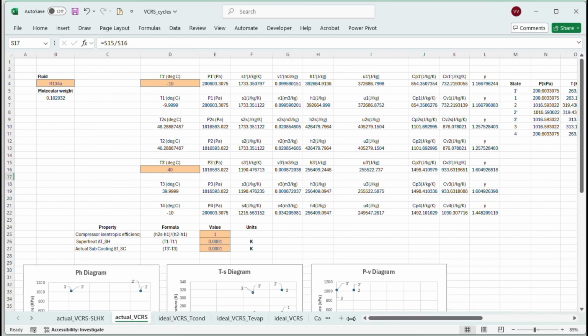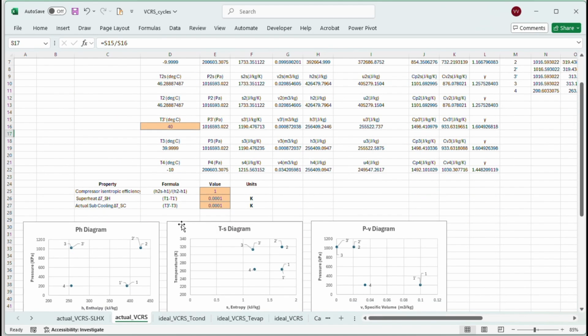So now if you add some superheat, add some subcooling, okay, so if I made it 10 or made it 5, so 5 degrees of subcooling, you will see that 3 prime and 3, they've separated now.